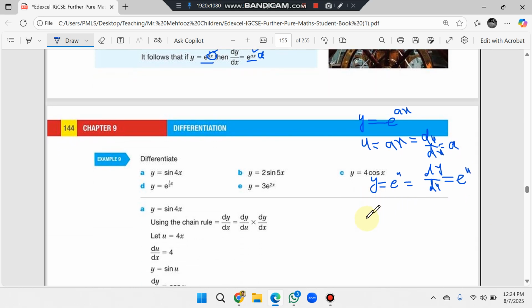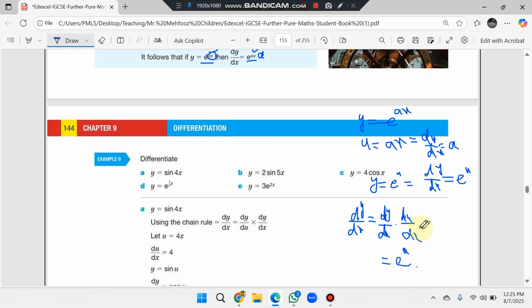Yes. And when you just put the values into the chain rule, dy by dx is equal to dy by du multiplied by du by dx. So what is dy by du? That is e raised to the power u.